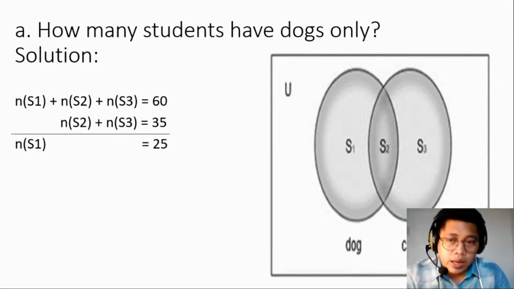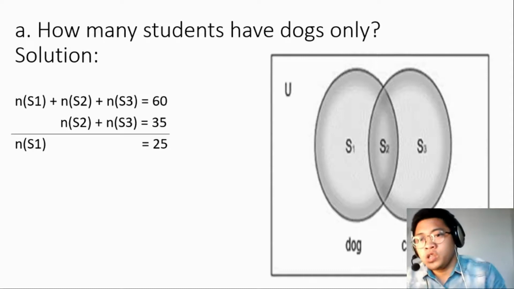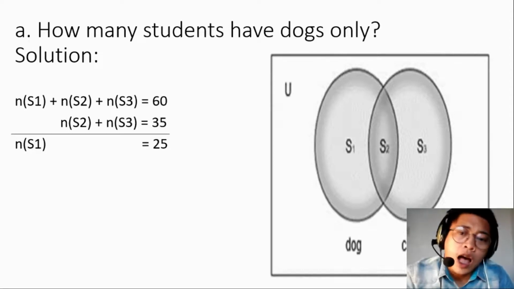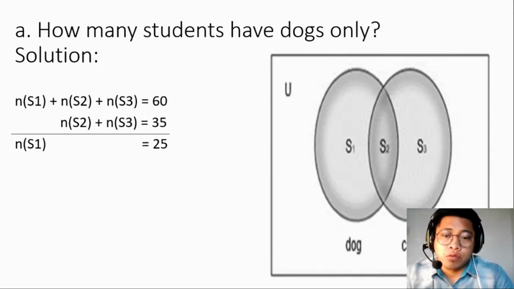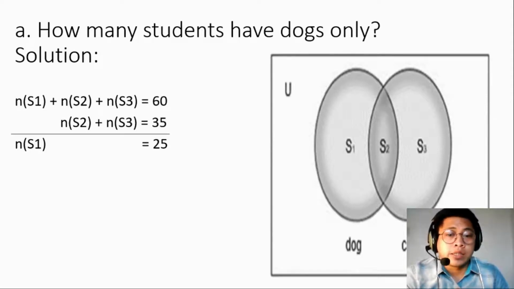Now, let us proceed to question letter A. How many students have dogs only? Solution. From the given problem, there are 60 students in grade 7 charity. And from the 60 students, there are 35 students who own cats.